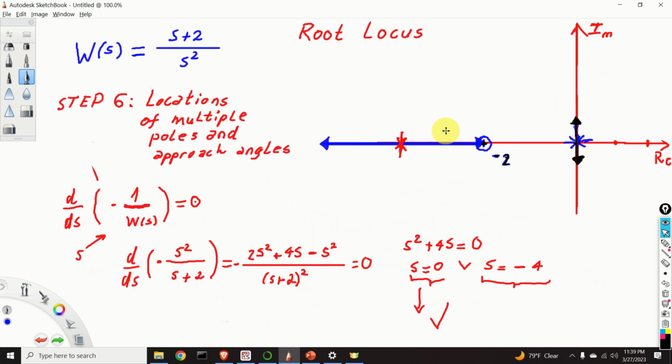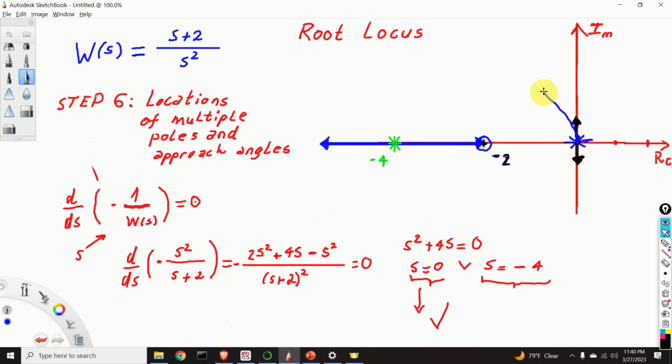And we are ready to construct our final root locus. For the time being, I will just erase this part since I want to keep this graph as neat as possible. And I will use a different color, for example, green color, to construct my point of multiple poles. Here it is. This is minus 4. And let's see what's happening over here. I start from that point, and let's use the correct color. I know that I cannot cross the imaginary axis, and I'm leaving with an angle of 90 degrees.